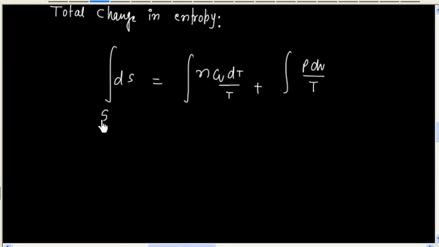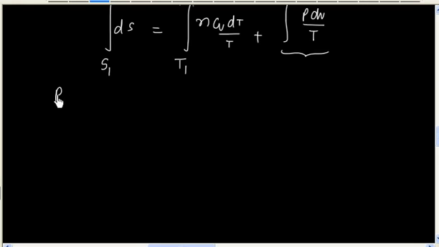Let us say the initial entropy is S1, the final entropy is S2, the initial temperature is T1 and the final temperature is T2. Now in this expression, we have to express pressure in terms of volume and temperature.